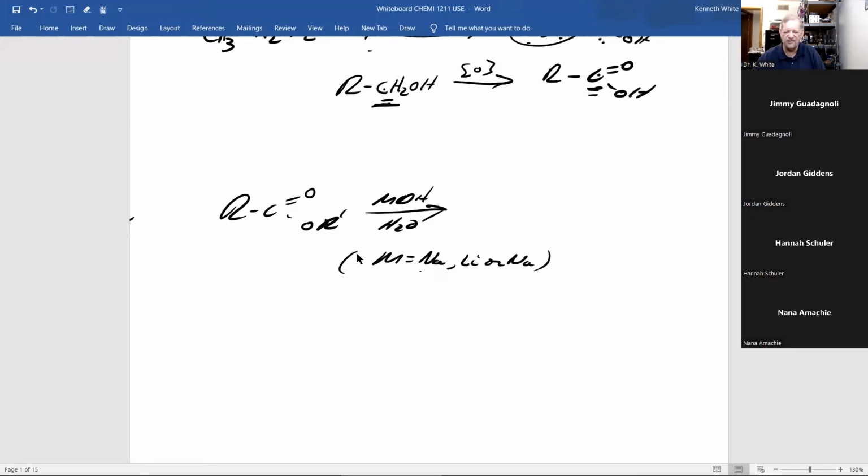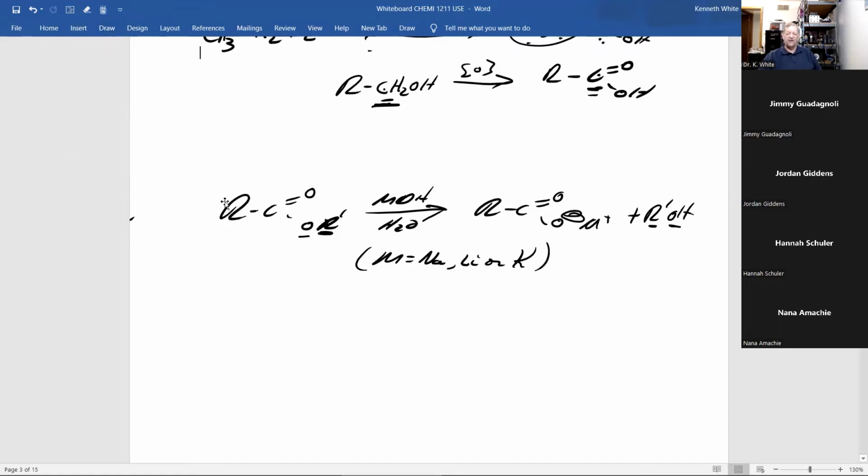M can be either of these elements in the base: sodium hydroxide, lithium hydroxide, or potassium hydroxide. Because you're in base, you don't get the carboxylic acid, you get the carboxylate anion of the carboxylic acid plus the alcohol you would have used to make that. The carbon with the oxygen R prime is the carbon with the hydroxy group in R prime in the alcohol.